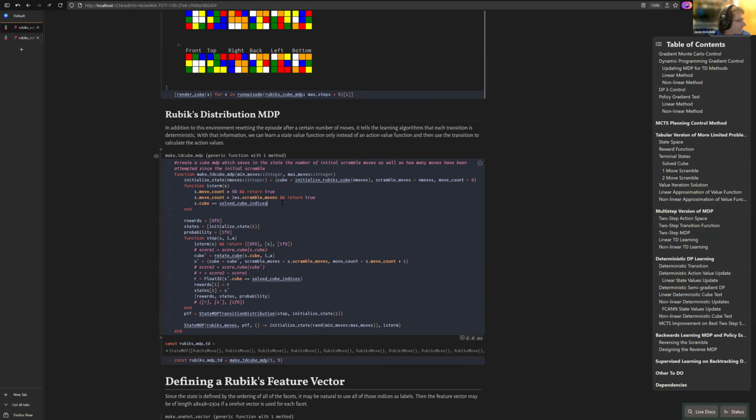Yeah. So when I set up one of these problems, the way this is set up is you can pick a range of scramble moves that will occur every time an episode is initialized. Here it's just randomly selecting from across this range. But if you set these as the same value, then it will always scramble the same amount.